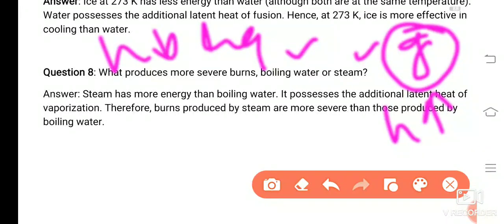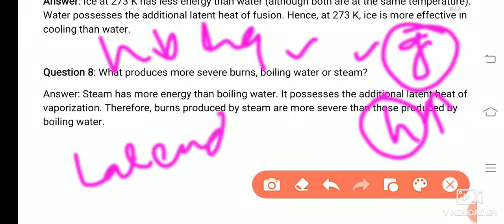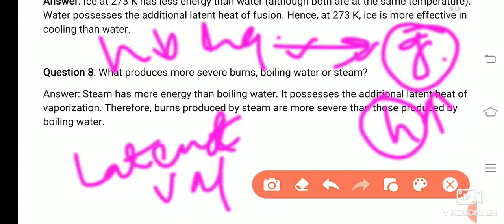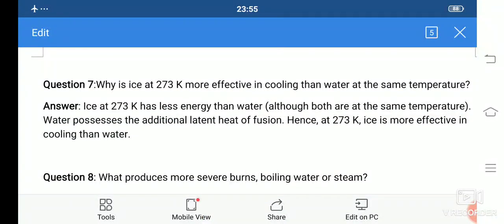So here we will consider the latent heat of vaporization, right? So what we can say is, the steam has more latent heat of vaporization than the boiling water. So steam burns are more severe than boiling water burns, right? That's it for these questions. Thank you.